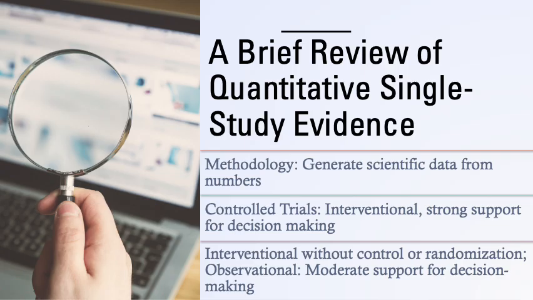Quantitative studies that are controlled trials provide strong support for decision making because they can establish causal relationships. Quantitative studies that are either interventional without control or randomization or are observational designs provide moderate support for decision making because they can establish correlational but not causal relationships.